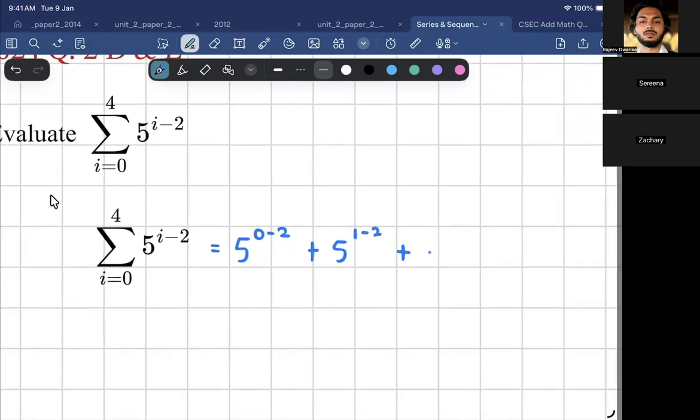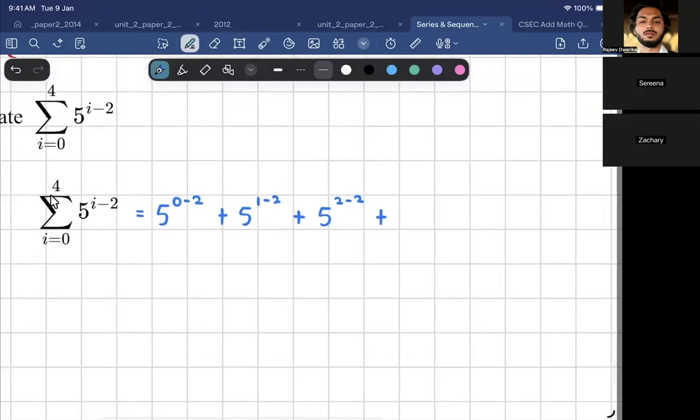What would your next term be? 5 to the power 2 minus 2, plus 5 to the power 3 minus 2, plus Zachary? That's the last one, 5 to the power 4 minus 2.